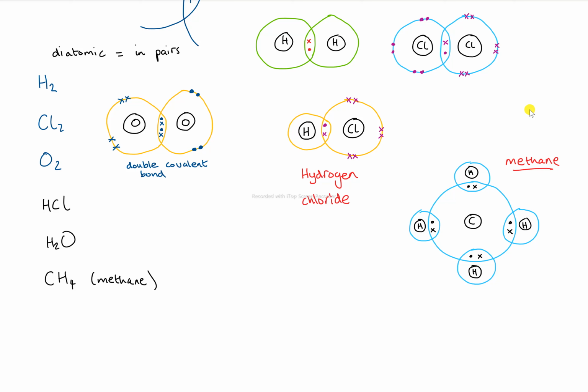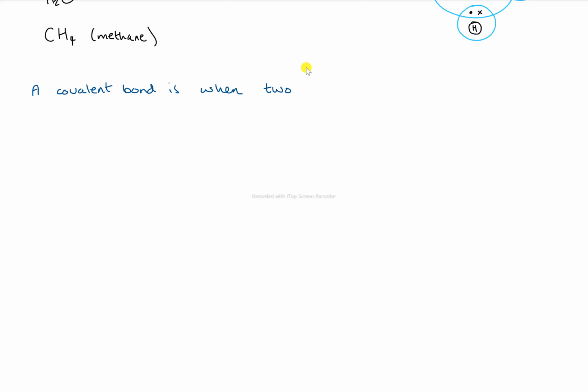Right, a covalent bond is when 2 or more atoms, we'll just put for when 2 atoms share electrons to get a full, let's write that properly, full outer shell.